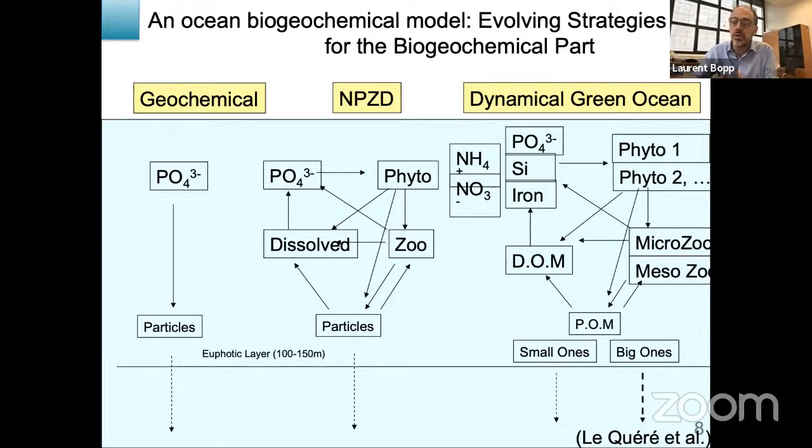So the marine biogeochemical components we use in the climate models are very similar to the ones that Olivier described in the previous lecture. I will show you examples with the PISCES model that you've learned to use and that Olivier described in detail. So now I've set the scene.